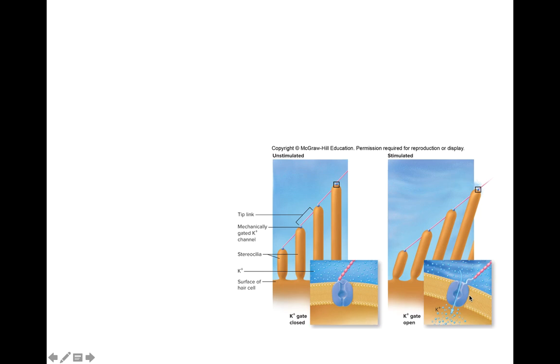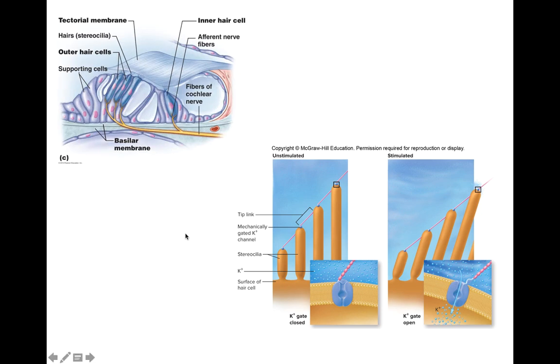That's going to open ion channels that are going to stimulate the action potentials that are then going to travel along these fibers of the nerve, sending that action potential along the nerve and into your brain. So the basilar membrane here is going to vibrate up and down, and when it does, it's going to push these hair cells into this tectorial membrane. They're going to bend, and it's going to send an action potential.